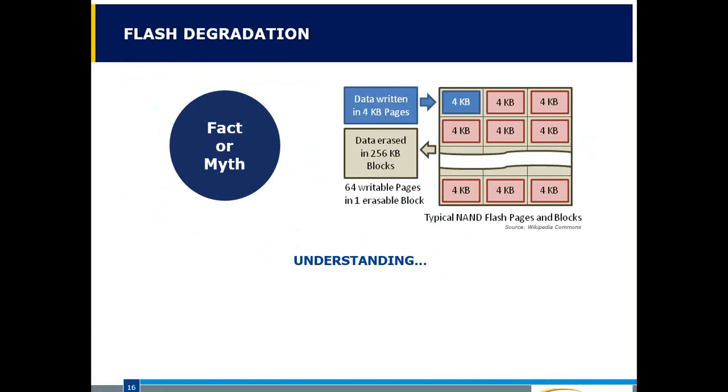What this forces the controllers to do is, instead of overwriting the same cells again and again and wearing the circuitry out, it reads that particular block of data and then says, okay, I'm going to overwrite that, so I will write it somewhere else that isn't inside of that particular block that I could potentially erase.